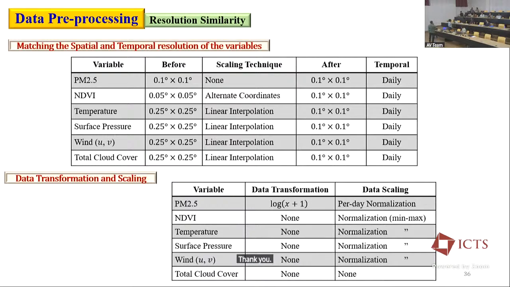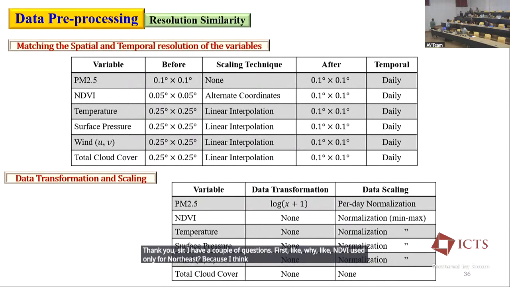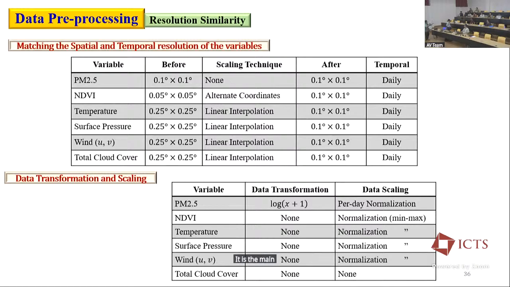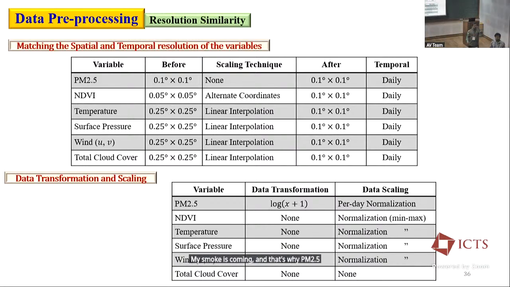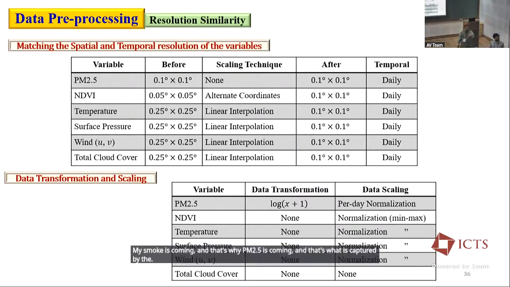Thank you, sir. I have a couple of questions. First, why is NDVI used only for the Northeast? I put the NDVI in the other areas also, no improvement. See, in Delhi it is man-made: they are burning the crop and the smoke is coming, and that's why PM 2.5 is coming, and that is what is captured by the satellite.